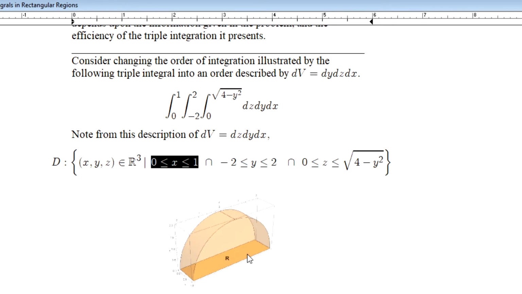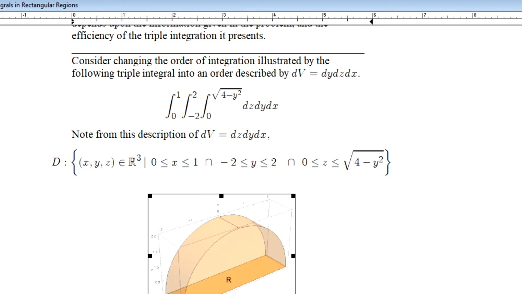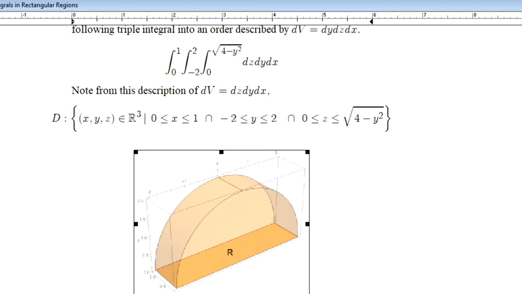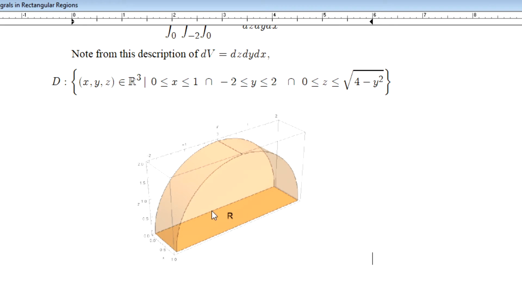Part of changing the order of an integration is to understand the solid over which you're integrating. Here I have an illustration of this solid. If I blow up the picture slightly so we can see it a little more clearly, this is our x-axis, this is our z-axis, and this is our y-axis. This solid is forming over values of x from 0 to 1.